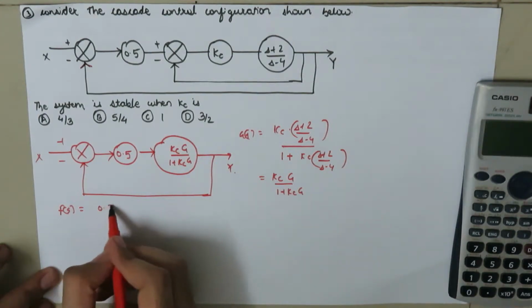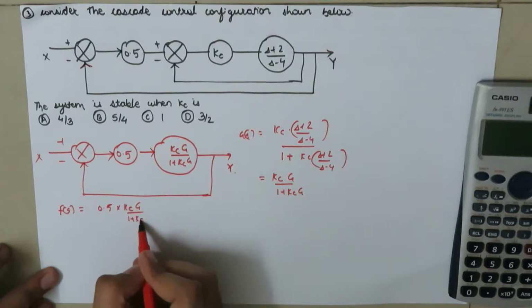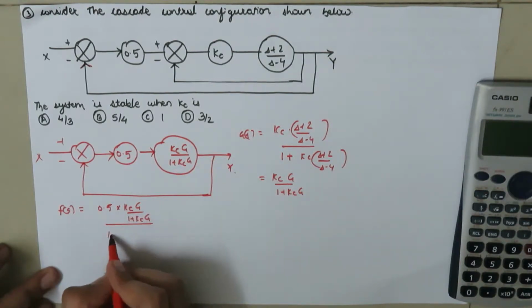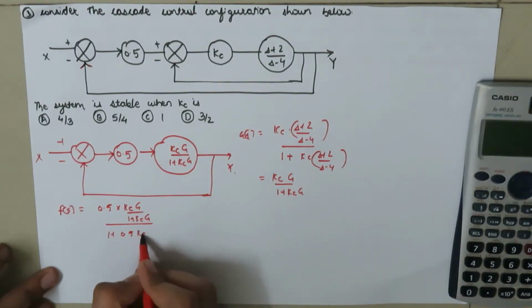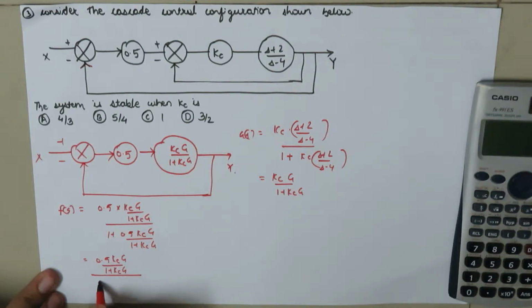This should be equal to 0.5 into Kcg over 1 plus Kcg, over 1 plus 0.5 Kcg over 1 plus Kcg. This can be written as 0.5 Kcg over 1 plus Kcg divided by 1 plus Kcg plus 0.5 Kcg over 1 plus Kcg.